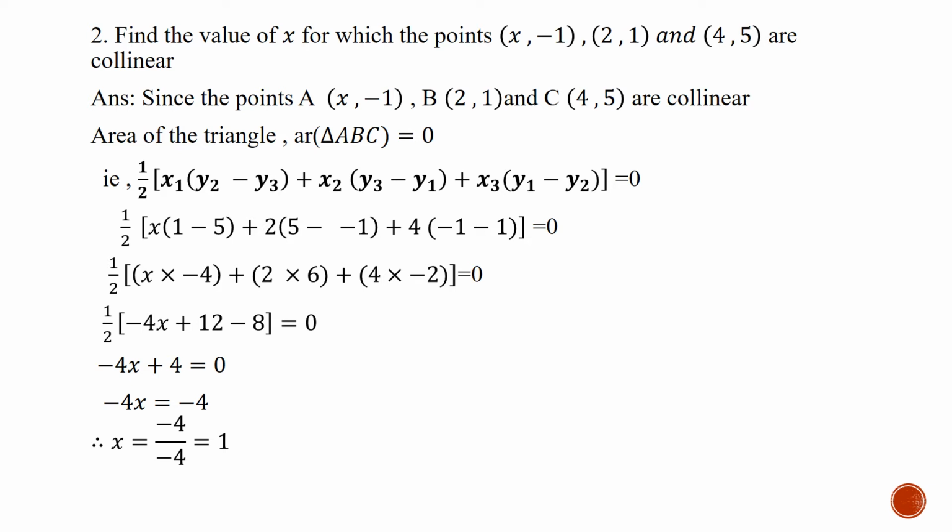Substituting the values, we have half into [x into (1 minus 5) plus 2 into (5 minus negative 1) plus 4 into (negative 1 minus 1)] equal to 0, which is negative 4x plus 12 minus 8 equal to 0. Therefore, we can say negative 4x plus 4 equal to 0, and therefore x is equal to negative 4 by negative 4, which is equal to 1.